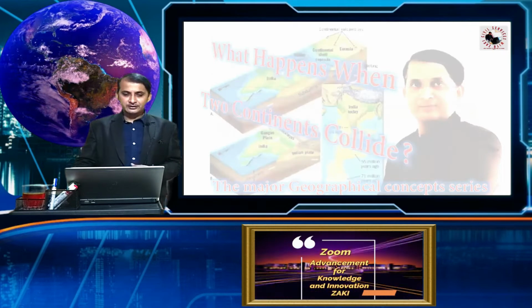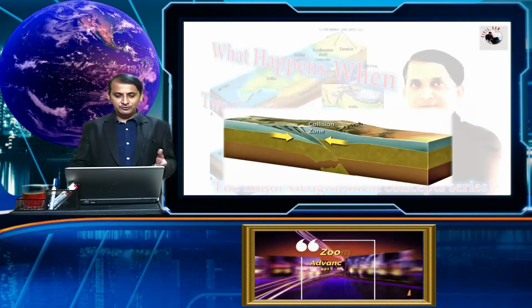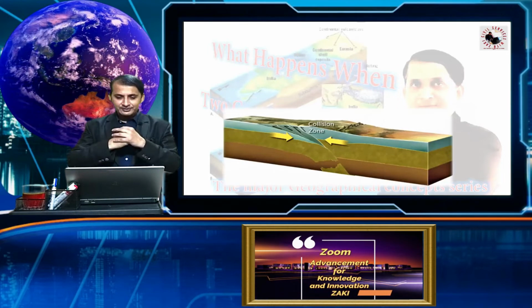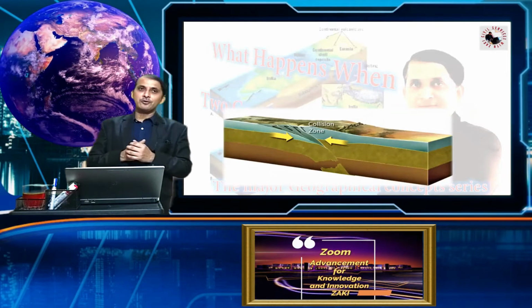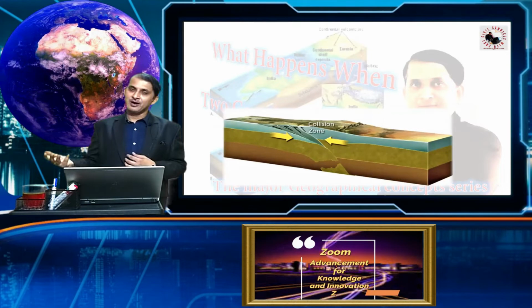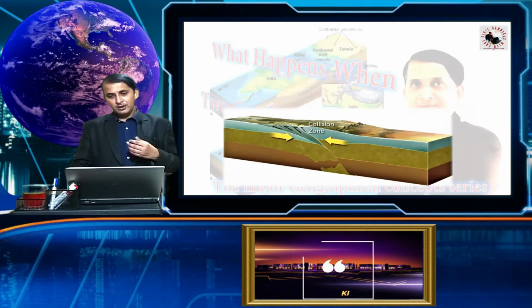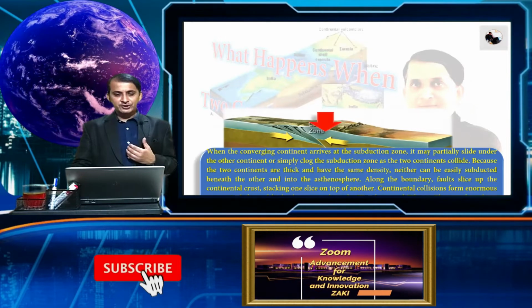So what happens after the oceanic part is completely subducted and the continents come together? See the third phase, the collision zone, where the two continents collide. After the collision, huge mountain ranges like the Himalayas, the Alps, etc. are formed.